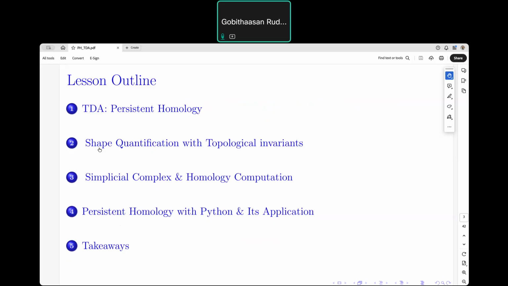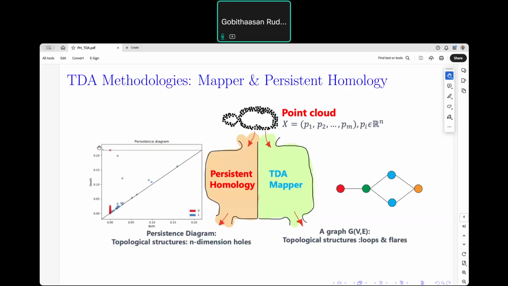But in the process, we have to build a complex out of the point cloud in such a way that we are able to compute the Betti numbers. The computation of the Betti numbers and nth dimensional holes is called homology computation.